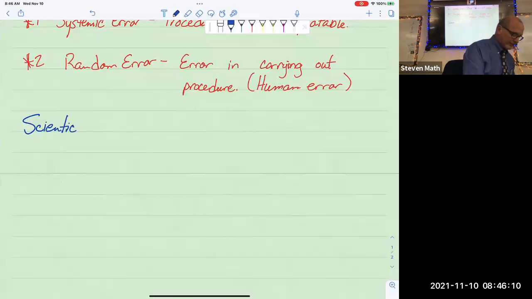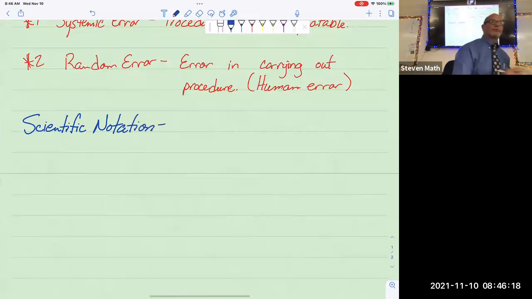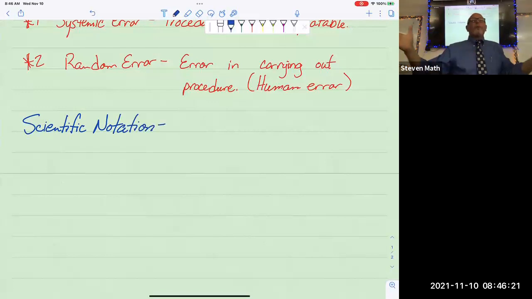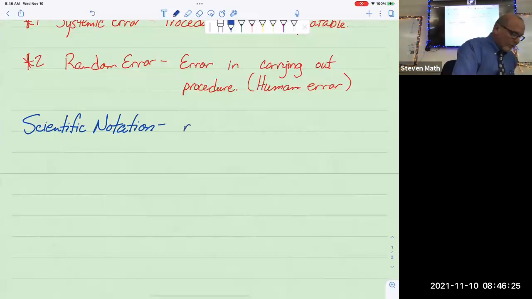Scientific notation. This one was messed up in the book, right? If you tried to read it, it said all sorts of odd things, but we all know what scientific notation is. It's basically raising a number to an exponent of 10.